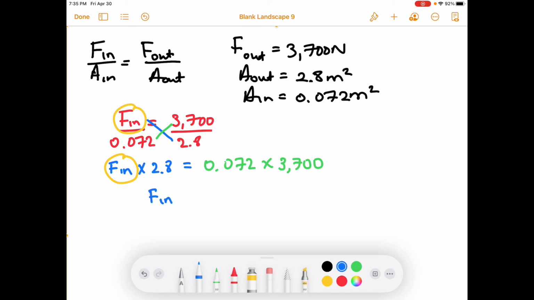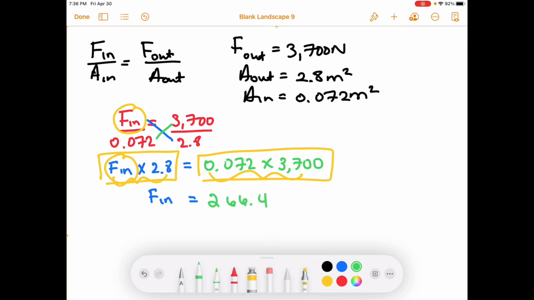Now we have to get F in by itself. So we're going to do F in. Remember, whatever's happening on one side, we do the opposite to the other side. So if we're multiplying on this side, we have to divide on this side. So F in equals 0.072 times 3,700, which is going to equal 266.4.